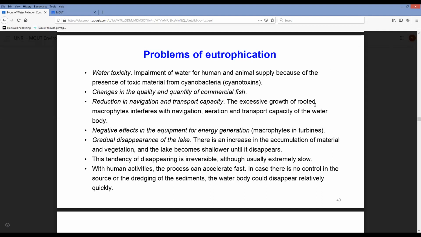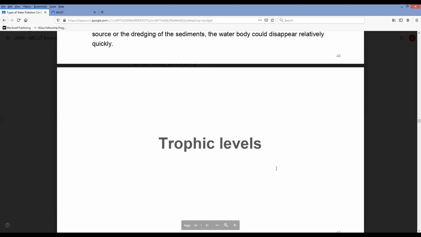This tendency of disappearance is irreversible, it means it cannot come back. In the case where there is no control of the source or degrading of the sediment, the water body could disappear relatively quickly. Okay, next please.